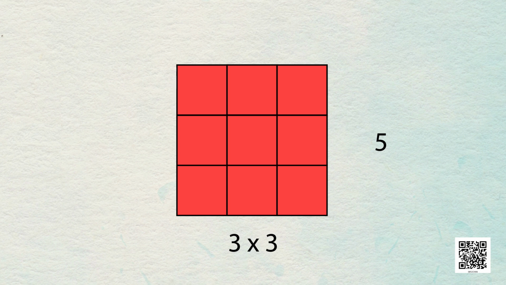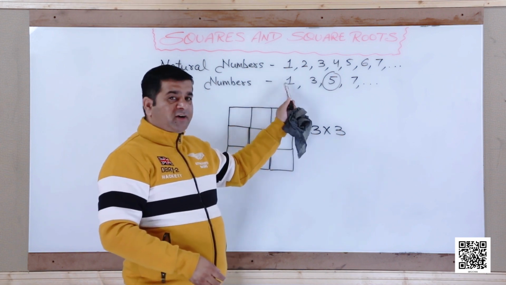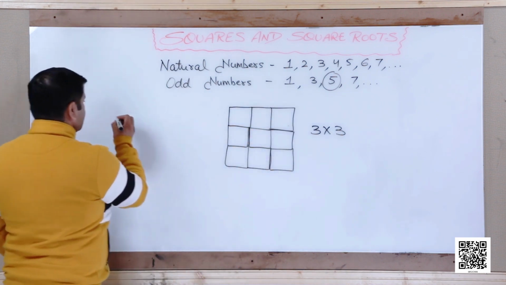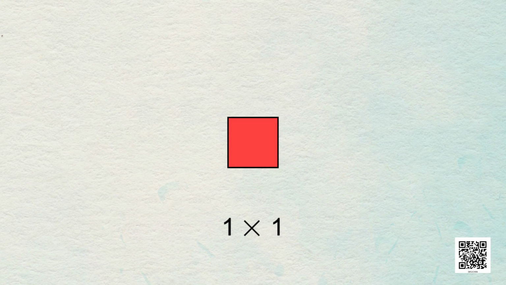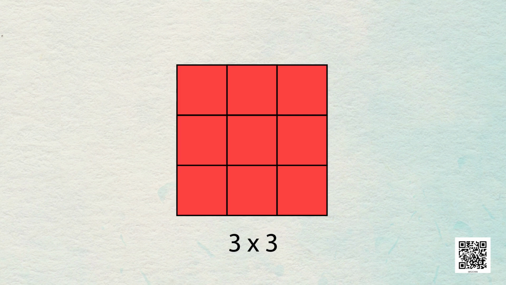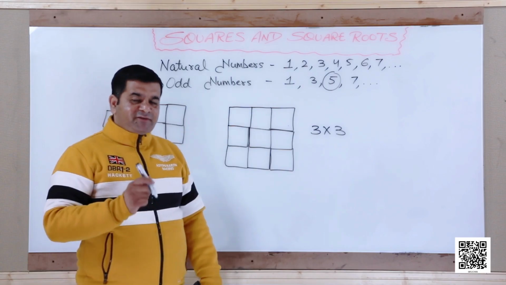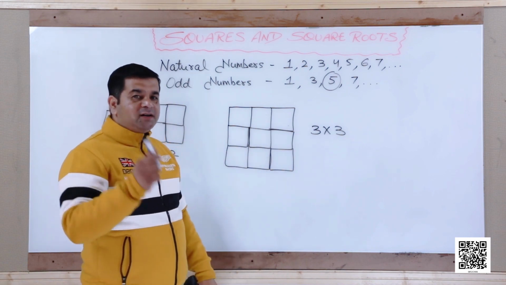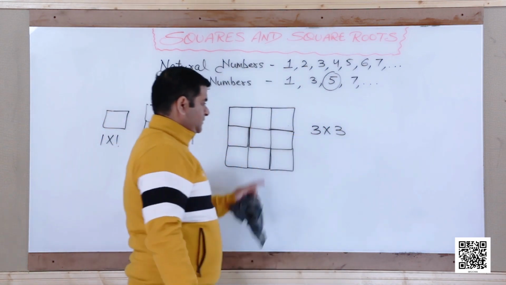So, what are we getting here? If we take the first odd number, then we get a 1 by 1 square. If we add the second odd number to this, we get a 2 by 2 square like this. If we add the third odd number, then we get a 3 by 3 square. Similarly, you will see if you add the fourth odd number, which is 7, to this figure.